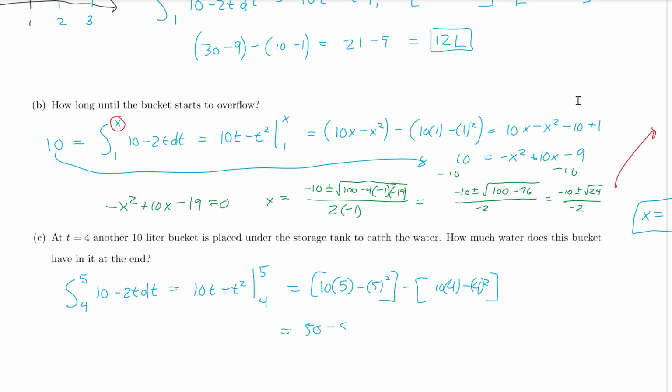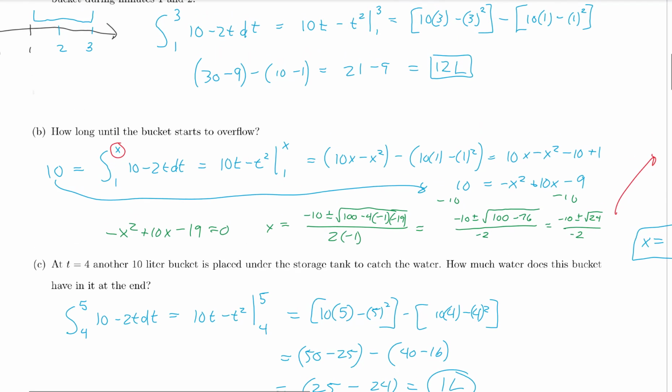If we simplify that, we get 50 minus 25 minus 40 minus 16. So we have 25 minus 24. And that just gives us that 1 liter of water is all that we had in that last minute of flow.